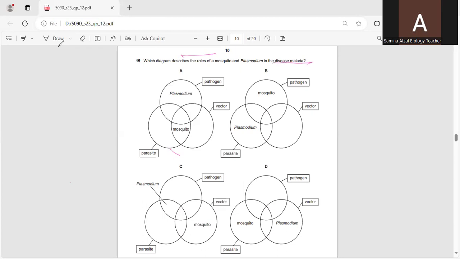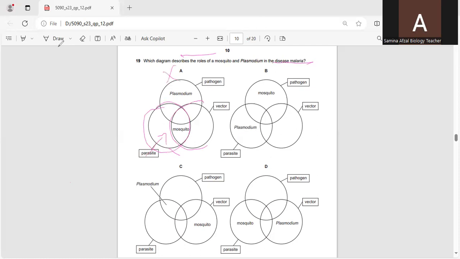Malaria pathogen is plasmodium, vector is mosquito, and parasite. Here we are discussing each diagram one by one. In option A, pathogen is plasmodium, vector, no, this is actually parasite. A is not correct.